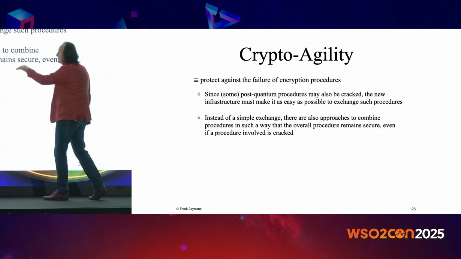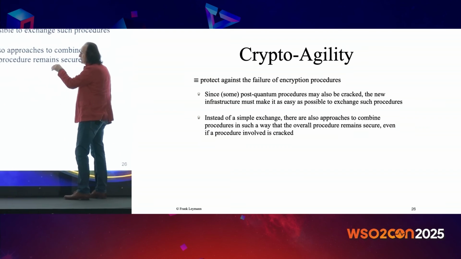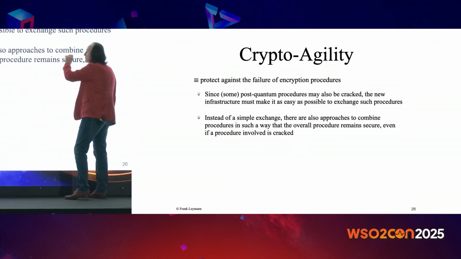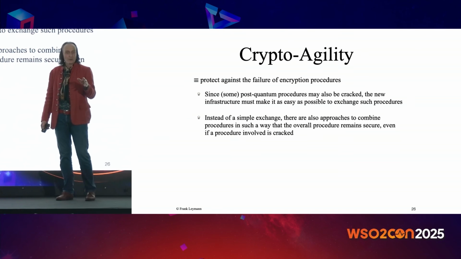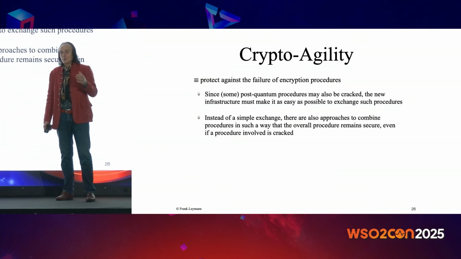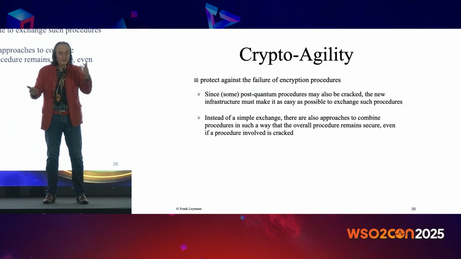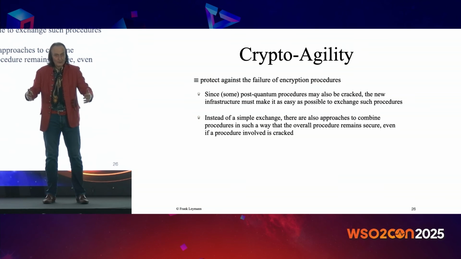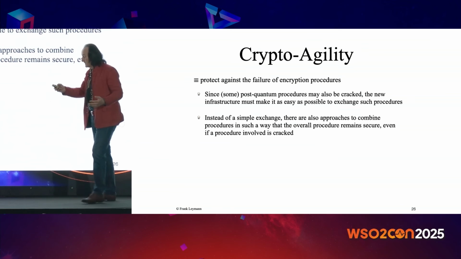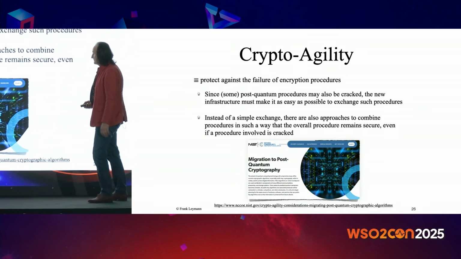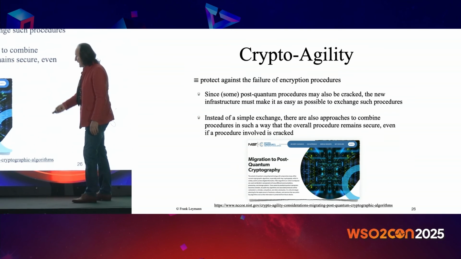And what people are using, and we at WSO2 also use, is a combination of classical and new algorithms. So if we sign a document, for example, we sign it classically in addition with a quantum algorithm. So if one of the two is broken, the signature is still there from the other. This is also going on, that you use mixtures of algorithms in parallel or in sequence. There is a report on how you can do it, also published by NIST.